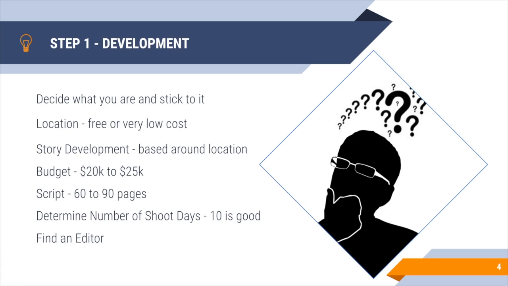All right. You also want to find an editor in the development process. I found that finding an editor early is definitely the best way to go. They can help you with DIT, basically just helping you import the film and make sure everything looks good as you're shooting. They can also help you determine how you're going to shoot things and how that's going to help them during the editing process.